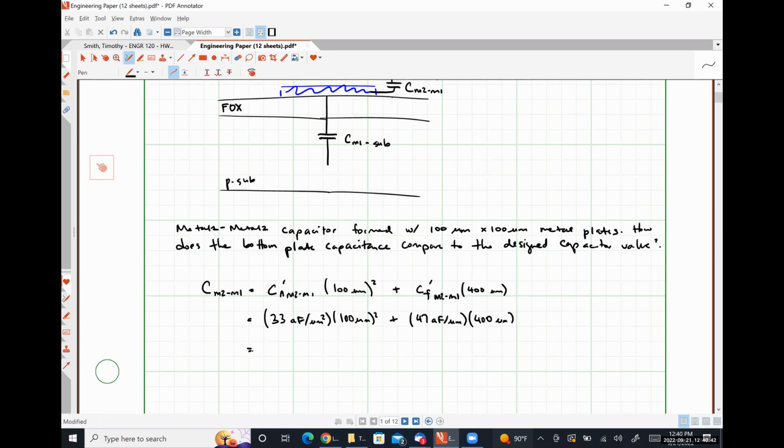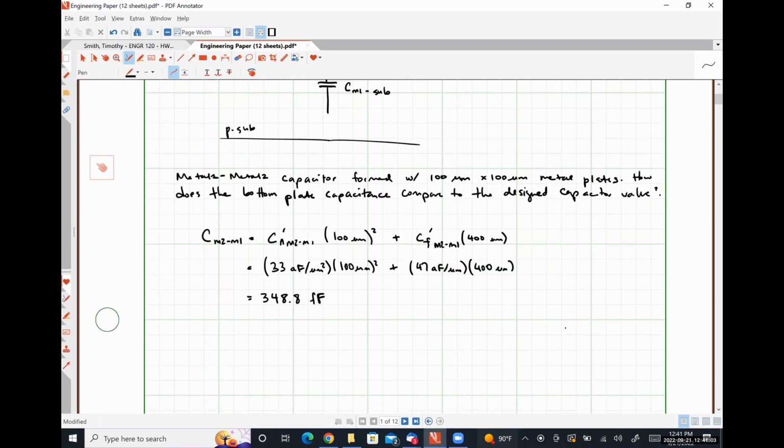And so we get a designed capacitance of 348.8 femtofarads. For our bottom plate capacitor, we're going to have something extremely similar, right? We're going to have a contribution from the capacitor area as well as a contribution from the fringe field.